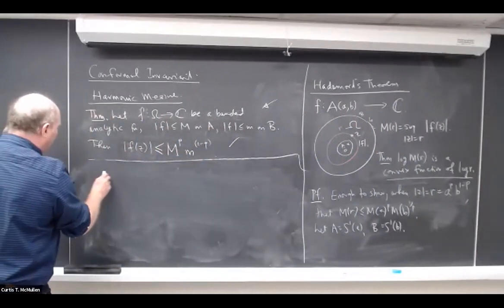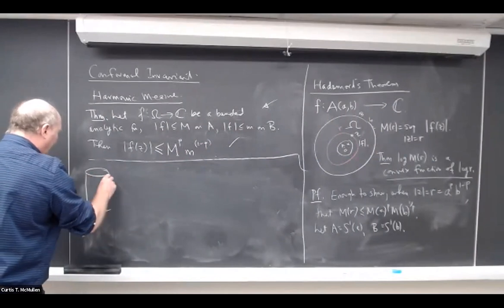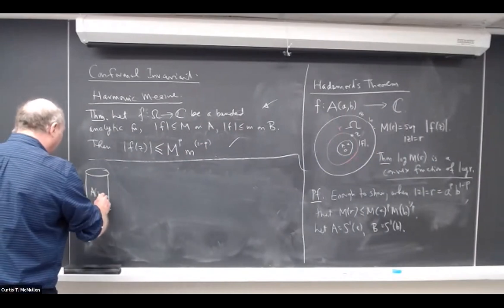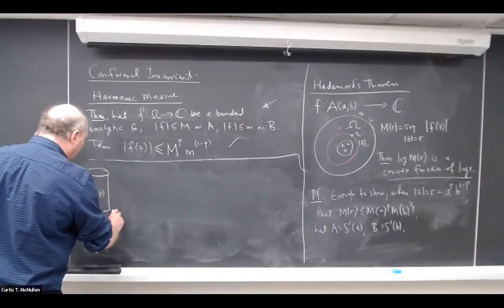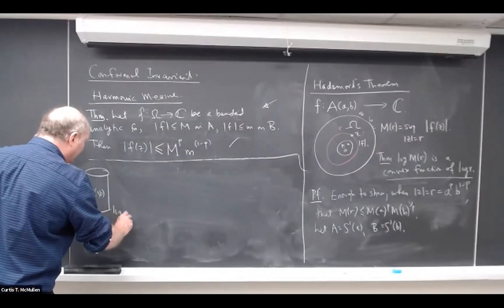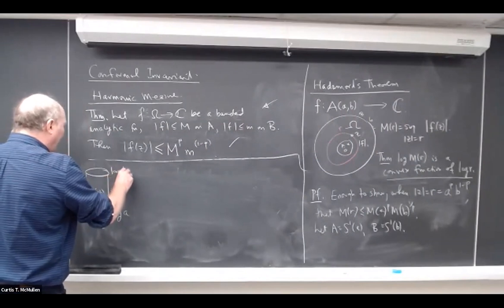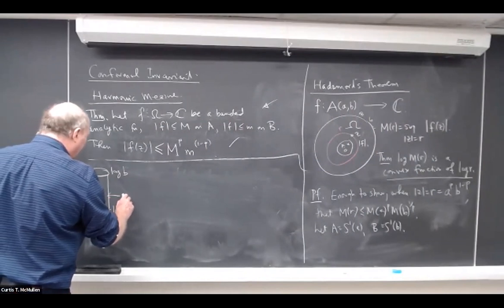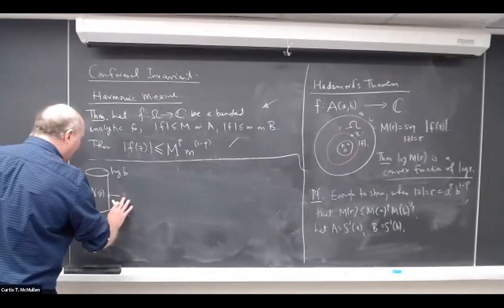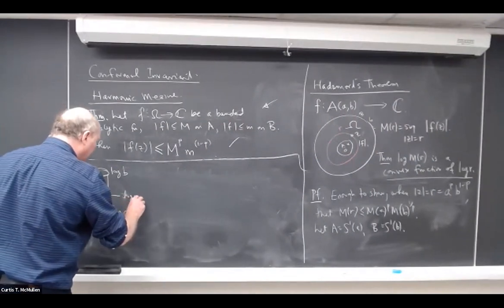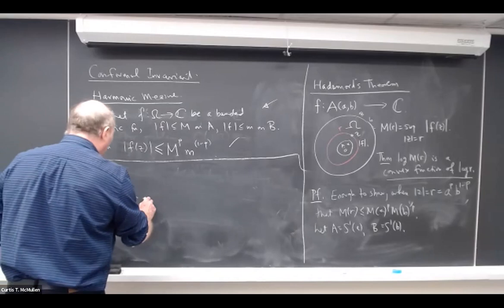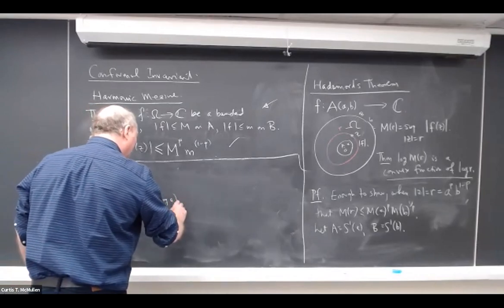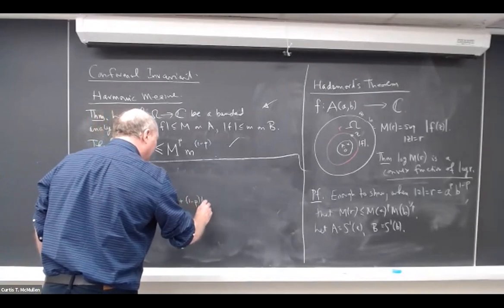A good way to picture this is that your annulus runs from height log A to height log B. And in between, we have this point at height log r. And we've written log r as p times log A plus 1 minus p times log B.